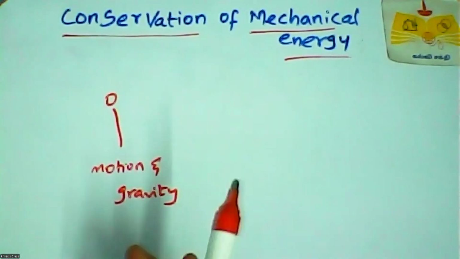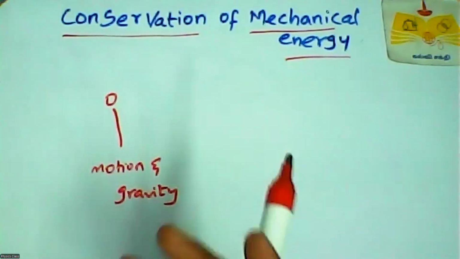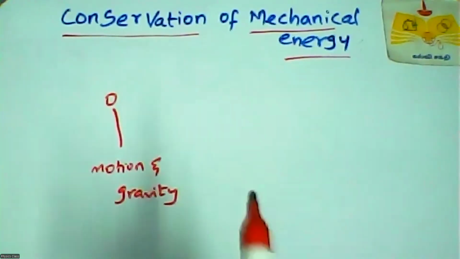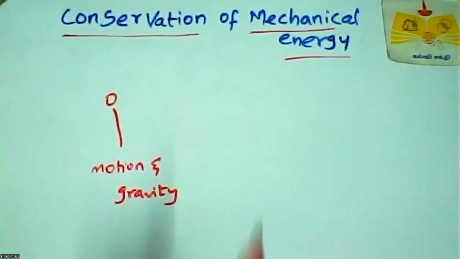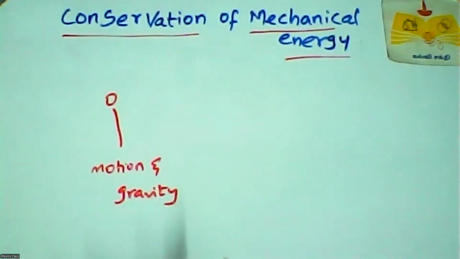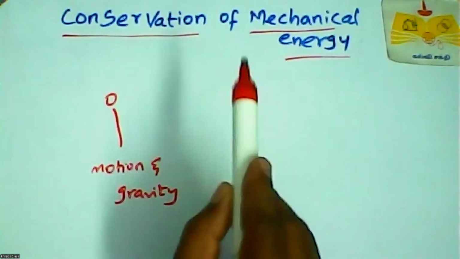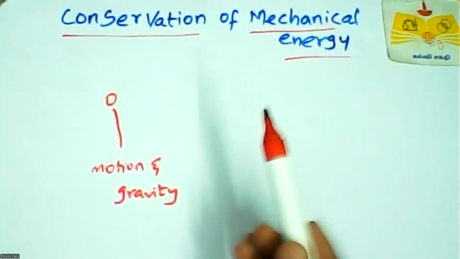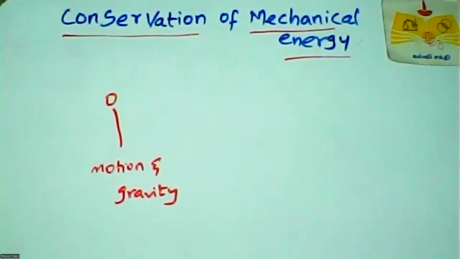His work laid a crucial groundwork for concepts like energy. It reminds us that perseverance and a curious mind can uncover profound scientific truths. So, just like Galileo, let's approach today's topic with curiosity and an open mind.